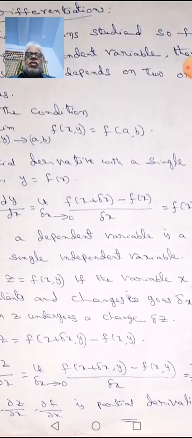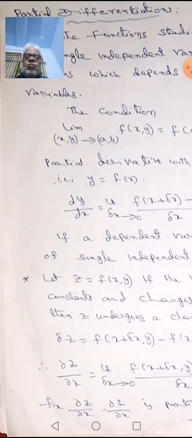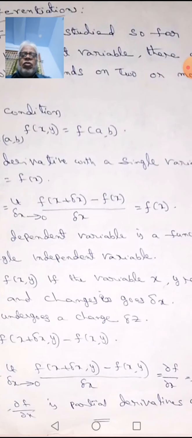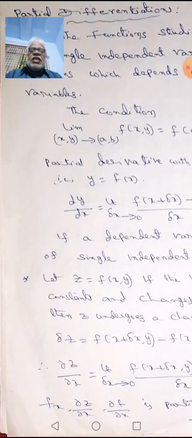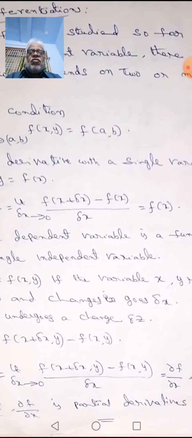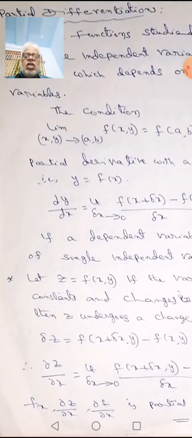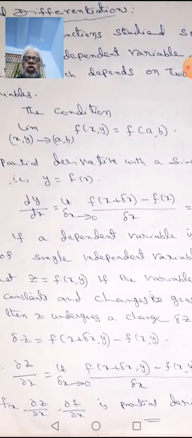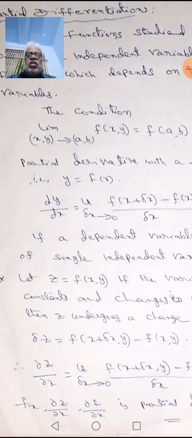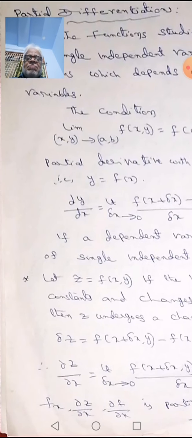If a dependent variable is a function of a single independent variable, for example, let z is equal to f(x, y). If the variable y remains constant and x changes by delta x, then z undergoes a change del z.